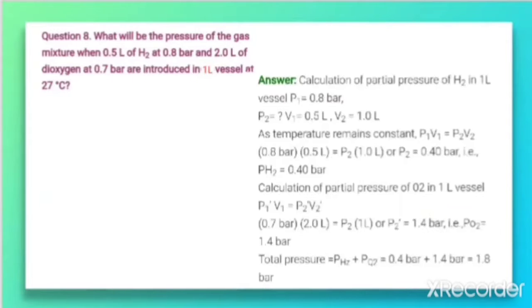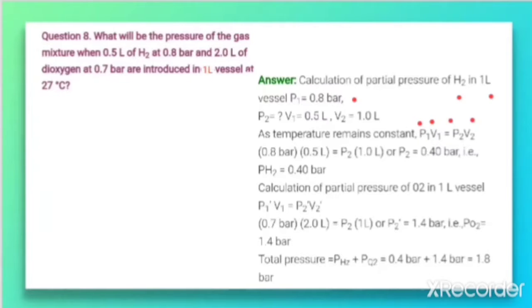So we'll be doing this problem in this way. First let us take the case of hydrogen. What will be the pressure of hydrogen in a 1 liter vessel? That we have to find out. The pressure at the volume 0.5 liter is given to us, that is 0.8 bar. So we'll be applying a formula here. We have two cases, two pressures and two volumes, so we'll be using the formula P1 V1 is equal to P2 V2, according to Boyle's law.